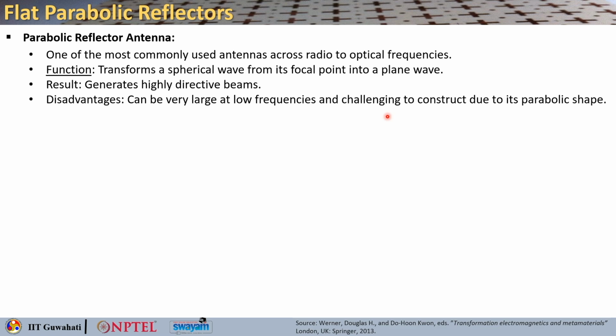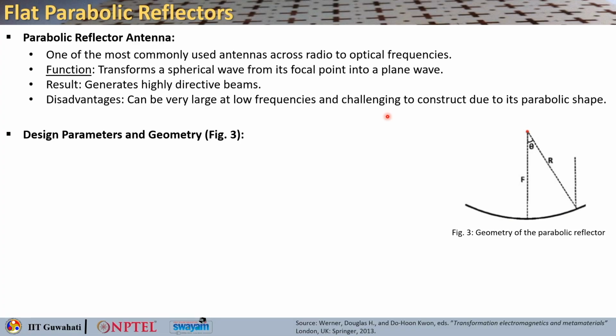So one may think of some all dielectric flat reflector, if that can be designed to replicate this parabolic reflector antenna's performance, but everything is done in a very compact volume. So there you can think of using this discrete coordinate transformation functionality, that can flatten your structure while preserving the feature of the antenna, right.